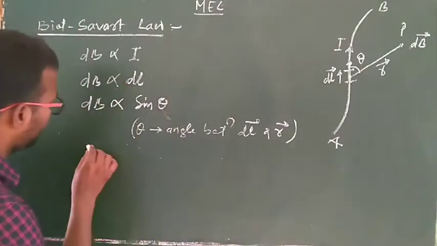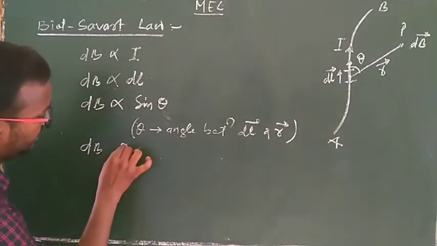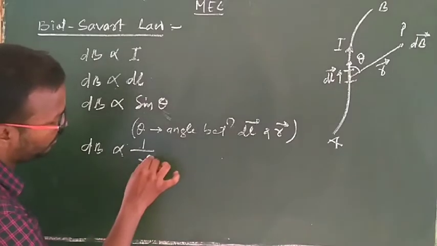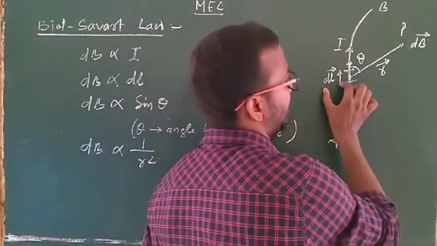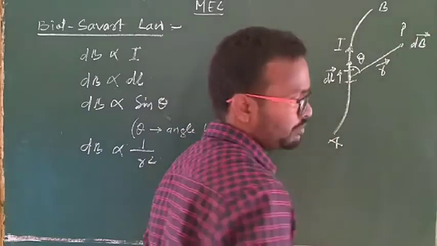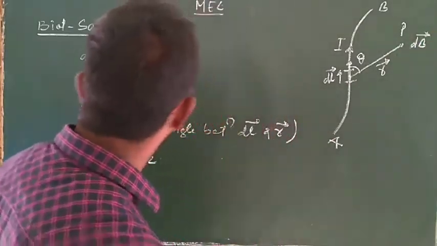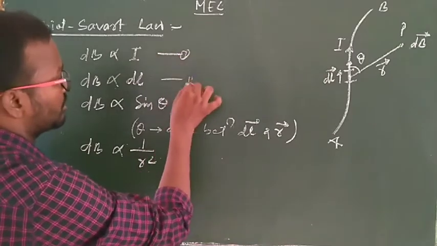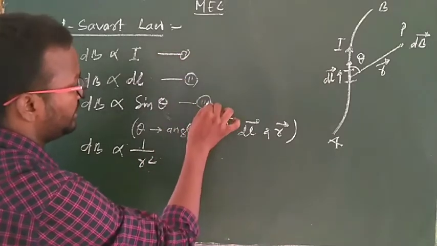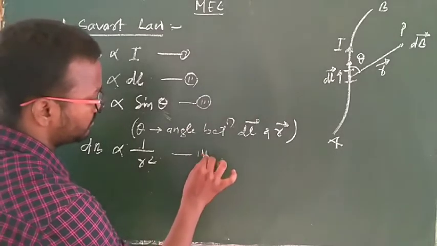Clear? Next point, the magnetic field is inversely proportional to r square. What is r? The distance between the length element and the point P where we have to find the magnetic field. This is equation 1, equation 2, equation 3 and equation 4.